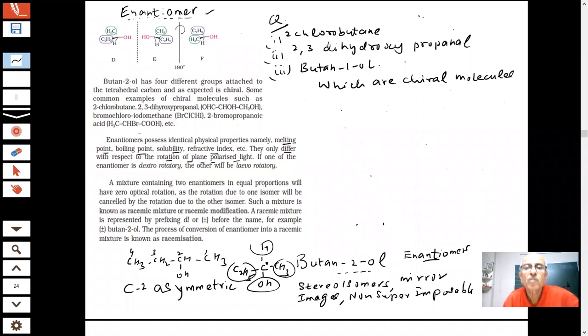Which is optically active, which has a chiral molecule? First, 2-chlorobutane. What is the structure of 2-chlorobutane? 1, 2, 3, 4. This is 2-chlorobutane. Is it chiral? What is 2,3-dihydroxypropanol? 1, 2, 3 propanol, with 2, 3 dihydroxy.